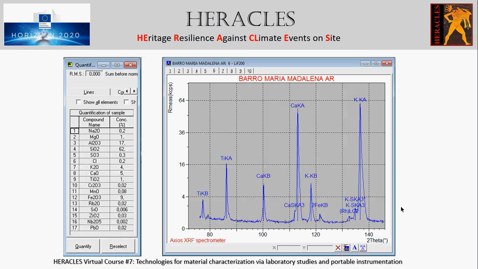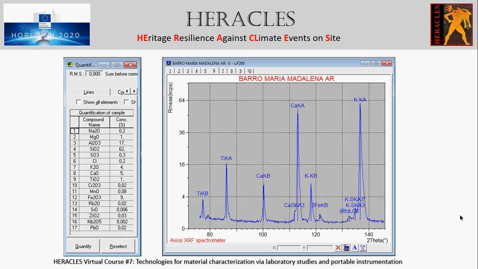So the type of results can be seen where from the obtained spectra, using a wavelength dispersive system and with a set of standards for quantification, the chemical composition was determined, being possible to infer the concentration of the different elements, here expressed in terms of oxides.